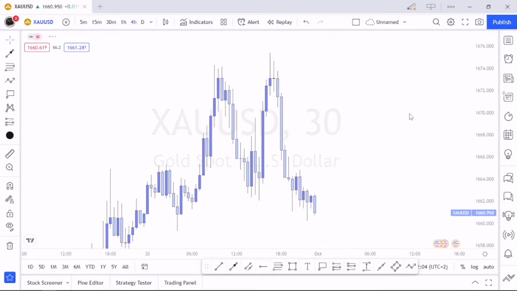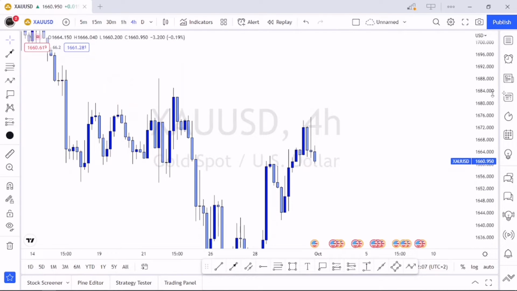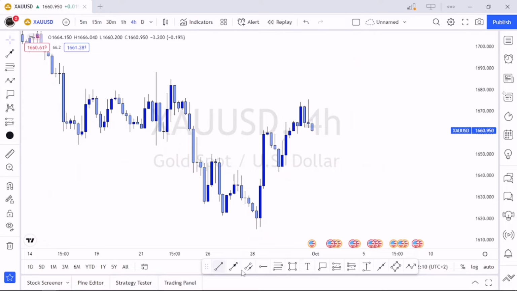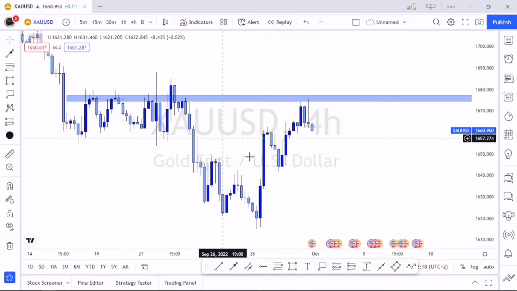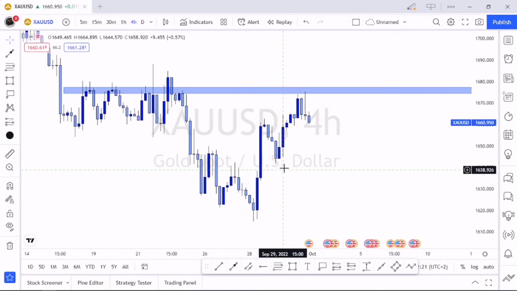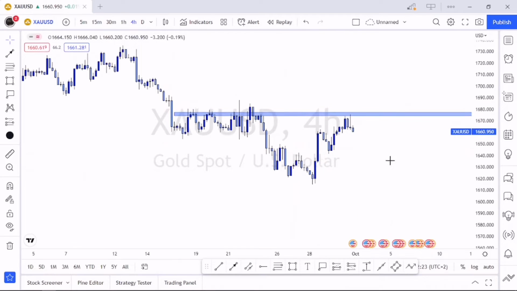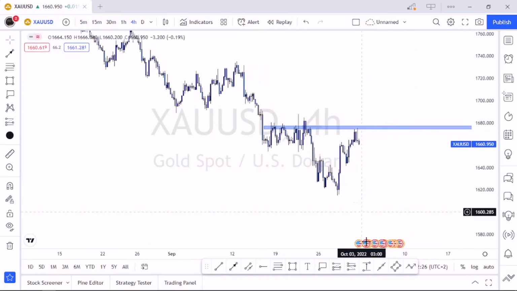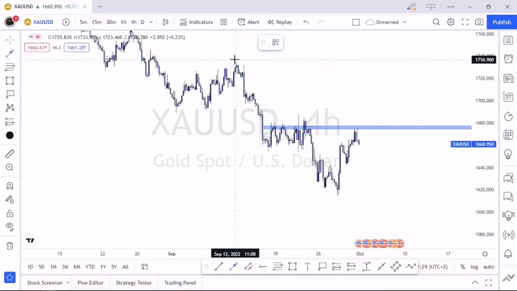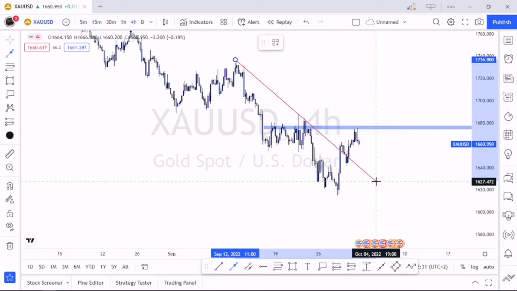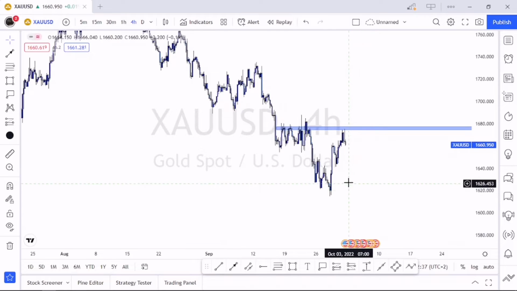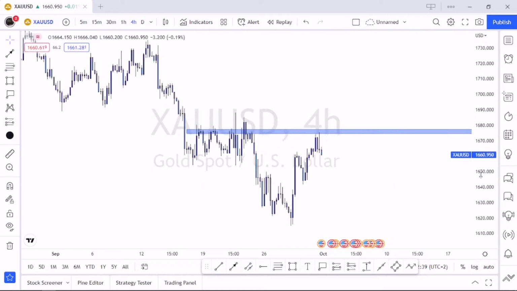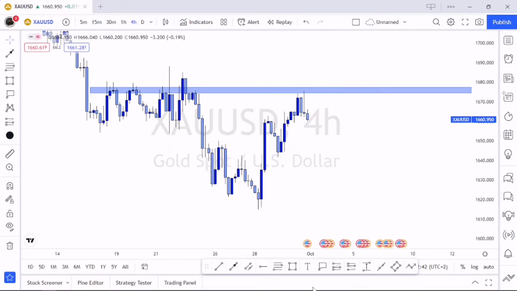Okay, gold has been another tricky pair to trade. So we've just recently visited this resistance area right here, but overall we can see that price has broken our brick wall, however you want to put it. Price has broken our brick wall, and we are starting to form that bullish structure.